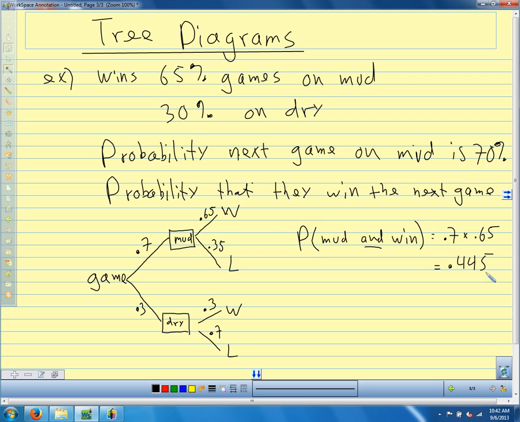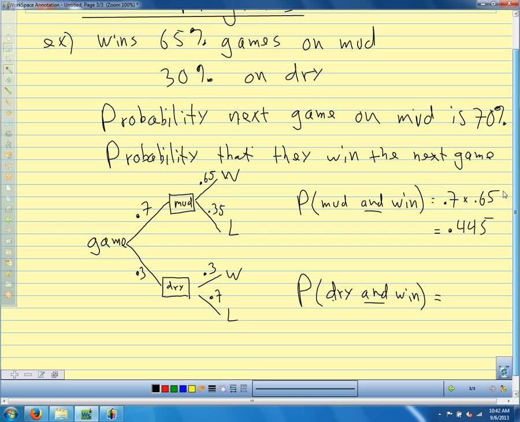Is that the only way they can win? They can also win if they play on a dry field. It could happen that way. Probability of dry and win, multiply along that branch, 0.3 times 0.3.